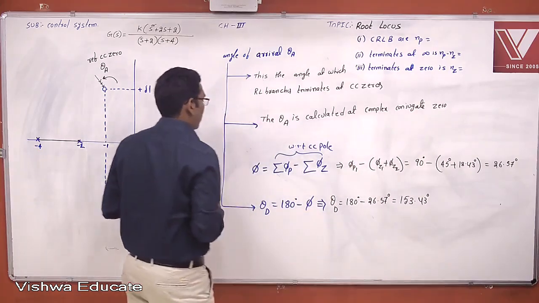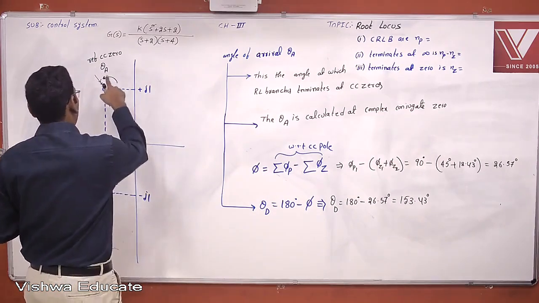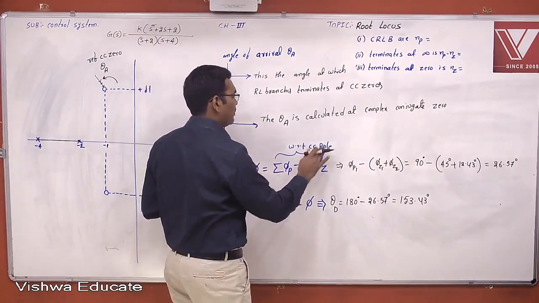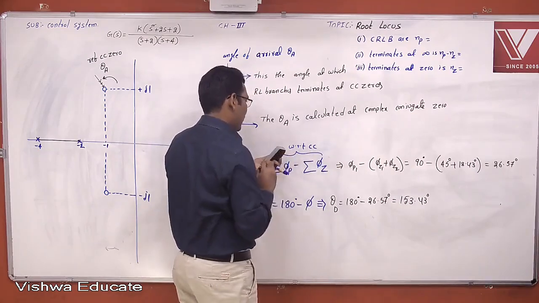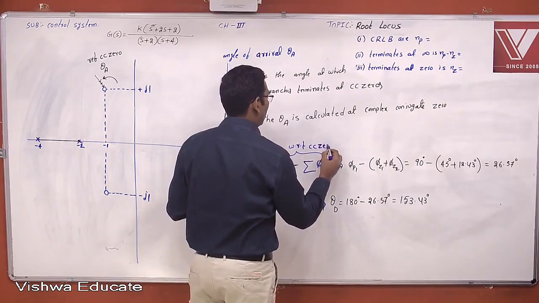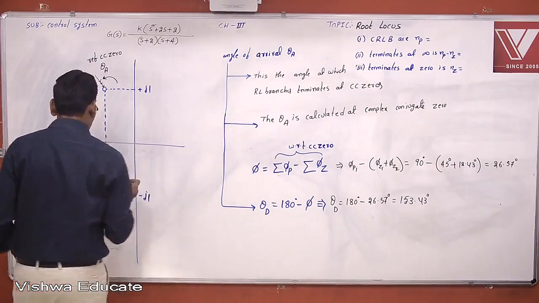And same problem, same procedure. Now this is the theta A. Now measure all the angles made by the poles and the angles made by the zeros with respect to the complex conjugate zero. So we'll do that first.